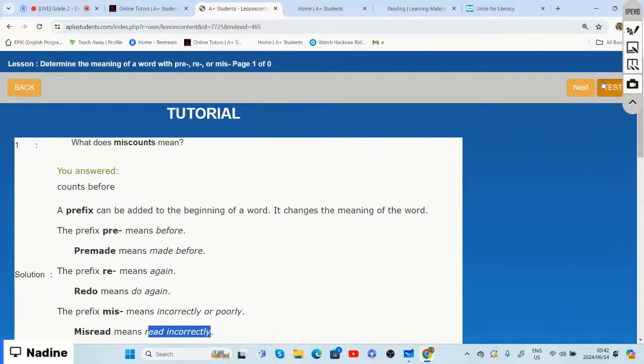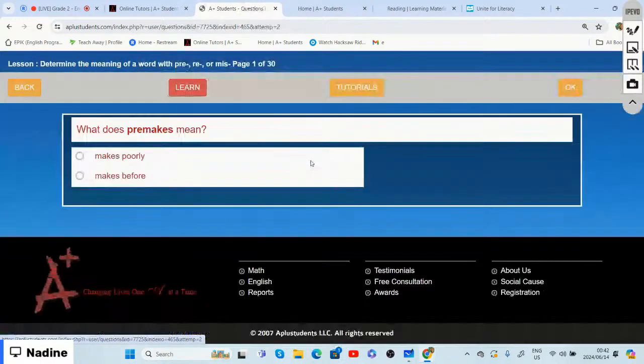All right, so now let's go to our test and determine what the meaning of these words are. So what does premake mean? Does it mean it makes poorly, or does premake mean makes before?